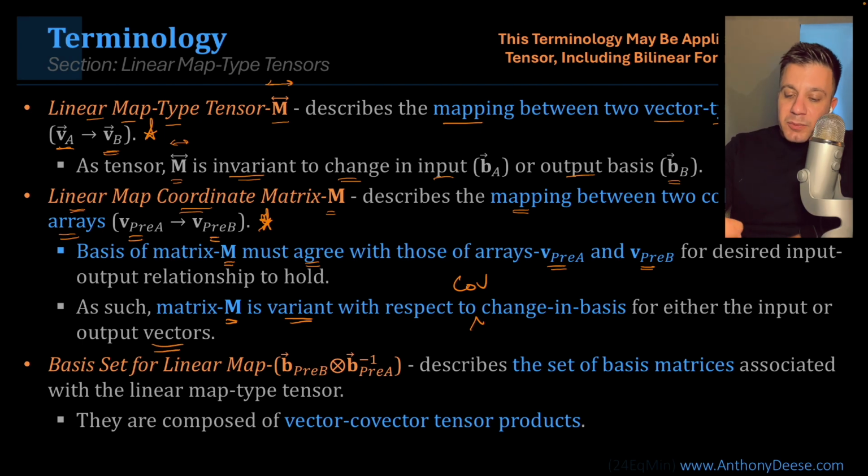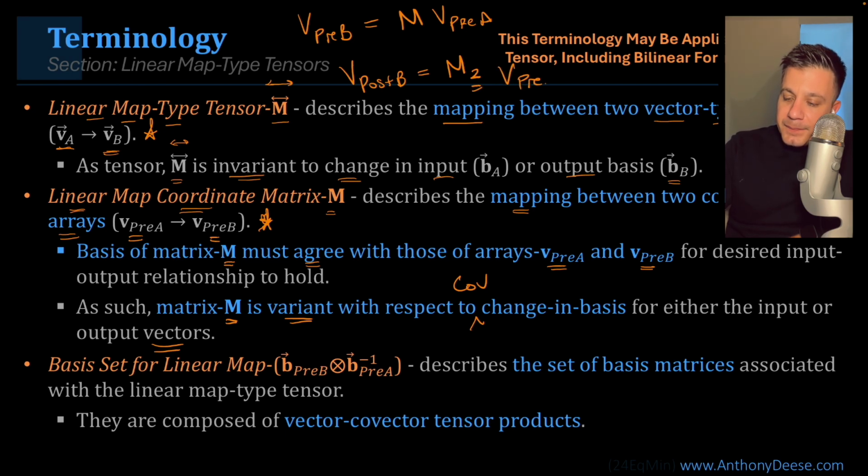So if we have an expression that looks like this, all right, and we decide to update that, so I'm going to call this V post B, right? We need a new matrix, which I'm just calling M2 for the sake of it, in order to complete that expression.